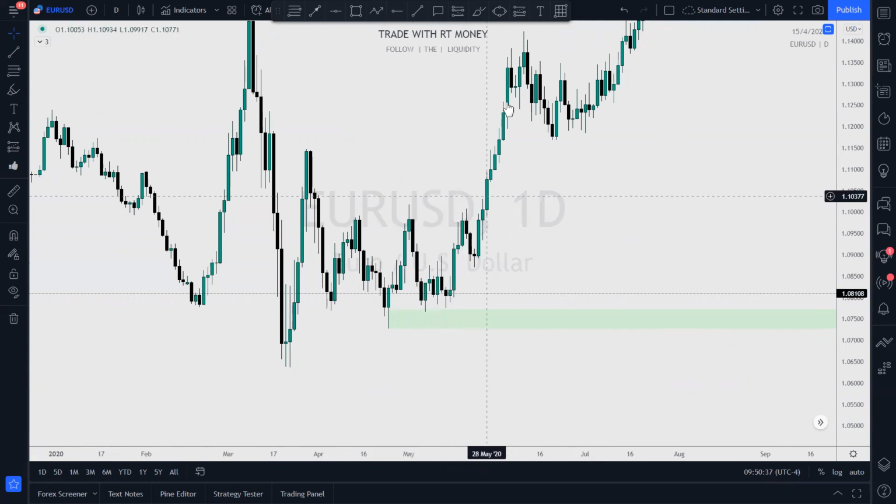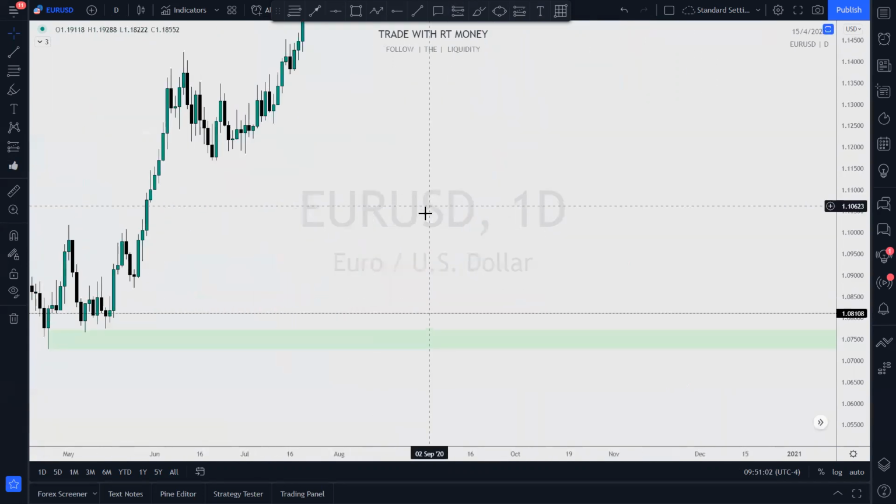This is one of the indications, one of the check marks to say, hey, looks like we may be heading up. You can see it was mitigated here and just missed here. The reason why it missed is because it's now in this wick zone of demand, and we're going up anyway.